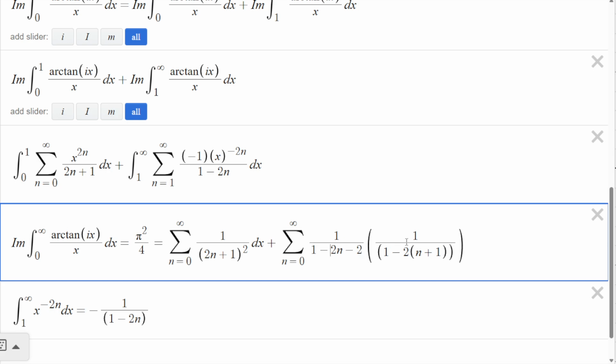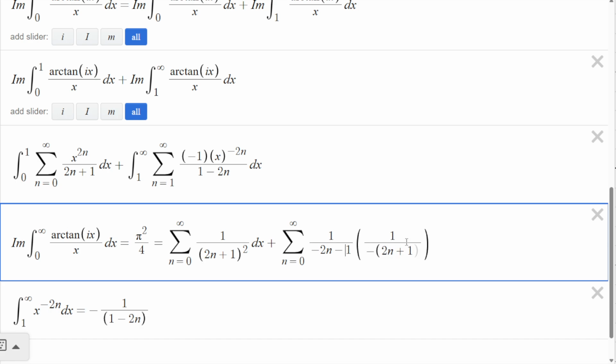So that's going to give us minus 2n minus 1. Minus 2n minus 2. And again, that is going to give us minus 2n minus 1. But, of course, that is just negative 2n plus 1.